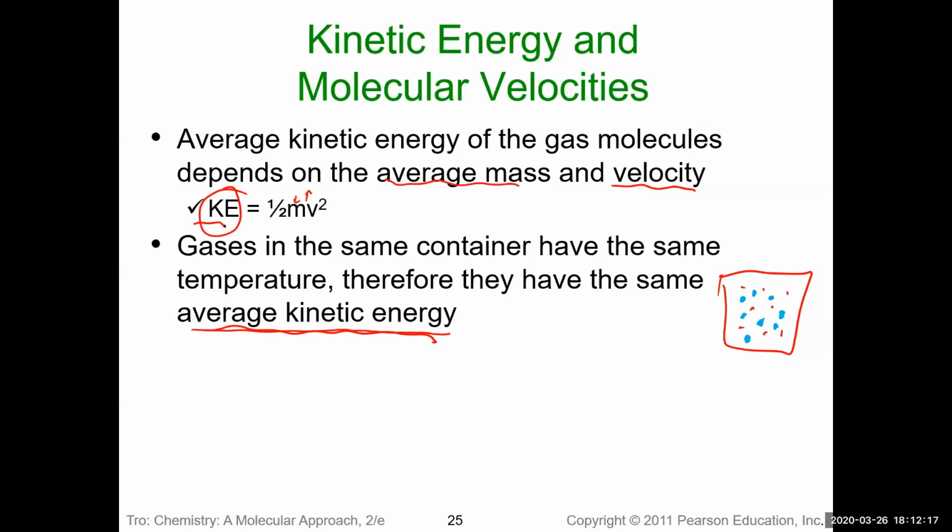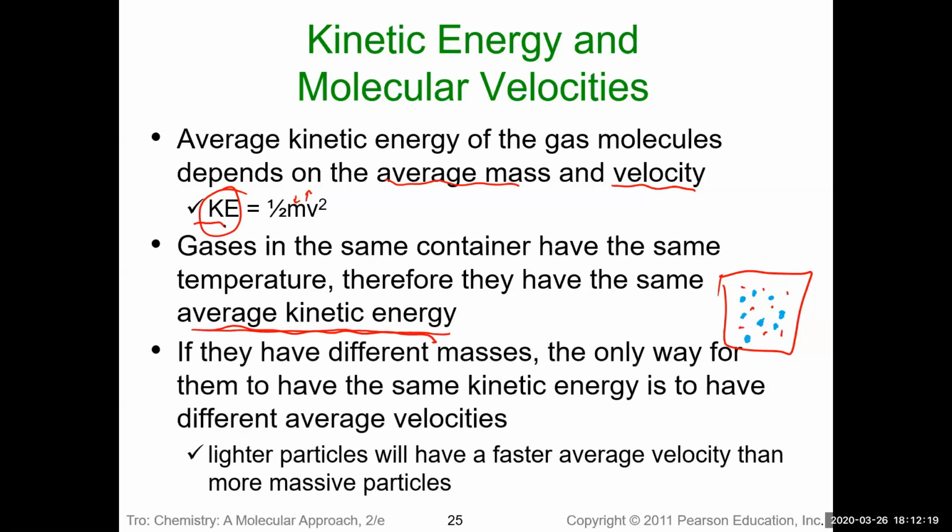So even if they're different masses, they have the same kinetic energy, but they have different velocities. They're moving at different speeds. Lighter particles will always have a faster average velocity. Lighter particles will always move faster than big particles, but their kinetic energy is the same.